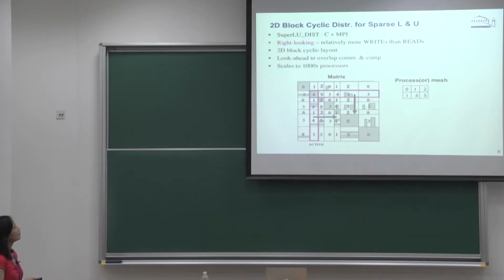Okay, so we can borrow the similar idea from dense calculation to the sparse calculation, and it's very similar. So I have here a sparse matrix, right? And the difference is some of the blocks may be entirely 0 because of the sparsity. And also all these blocks are not of the same size because of the different supernode sizes.